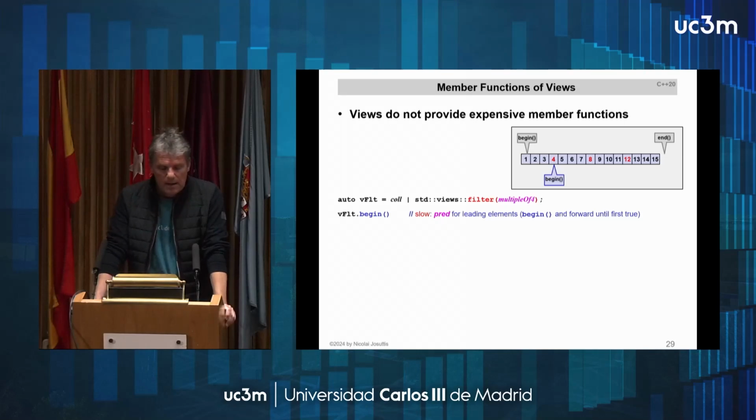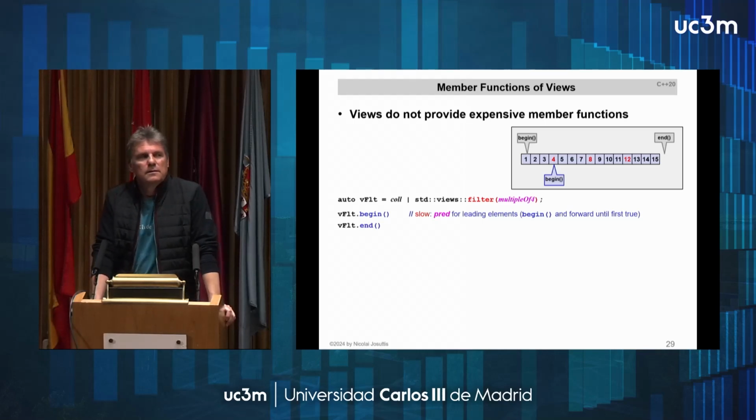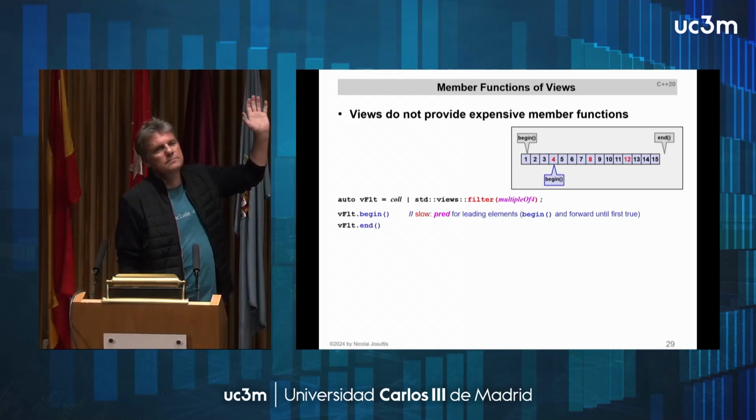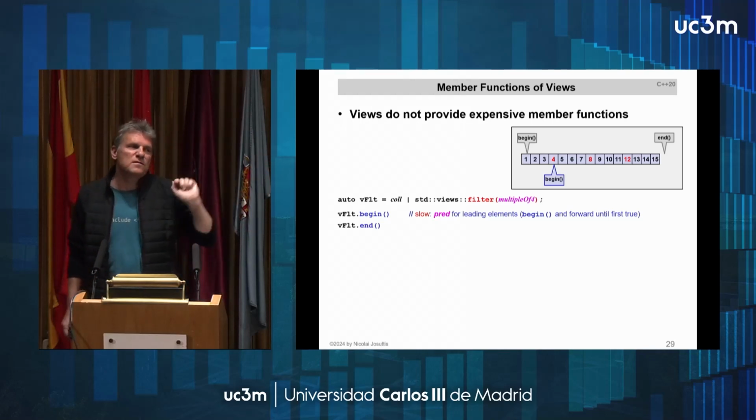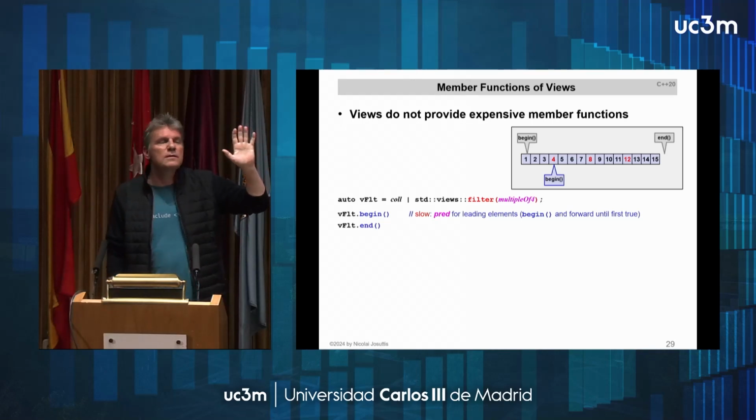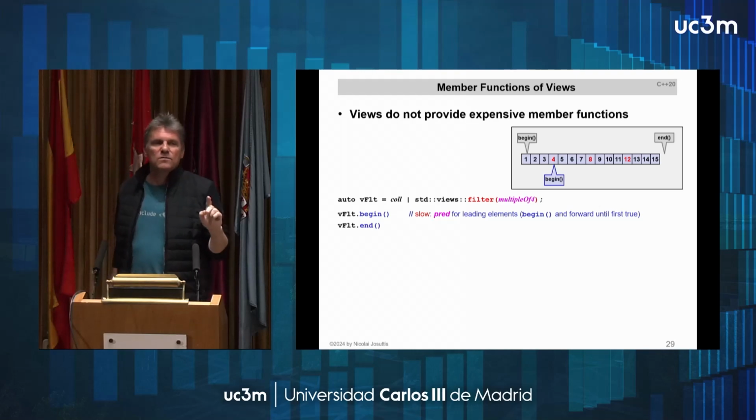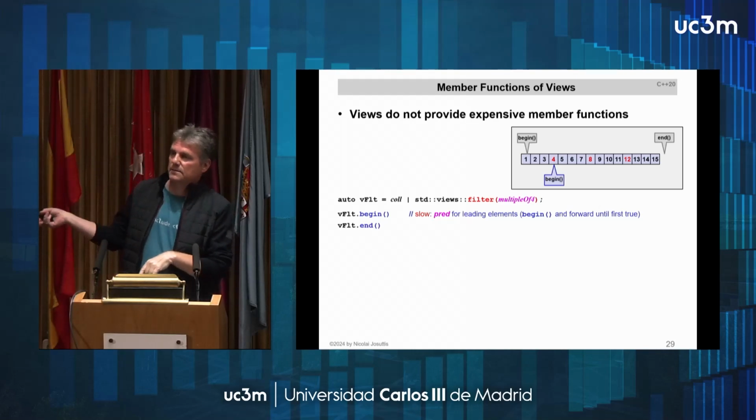So, how about end? What do you think? Is end good or bad? Is it slow or is it fast? Who thinks this is a fast operation? Who thinks this is a slow operation for the same reason as begin? Because we would like to cache the end.